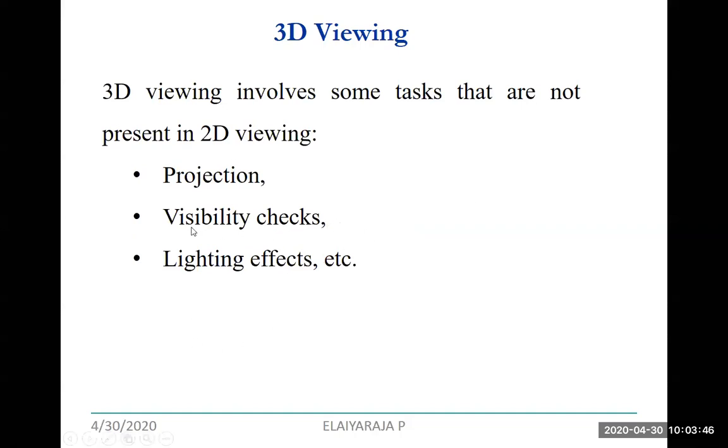The depth element we are going to consider so that we can do the visibility checks. Now we call various algorithms, where one of the algorithms we are going to see is the Z buffer algorithm, then the lighting effects.